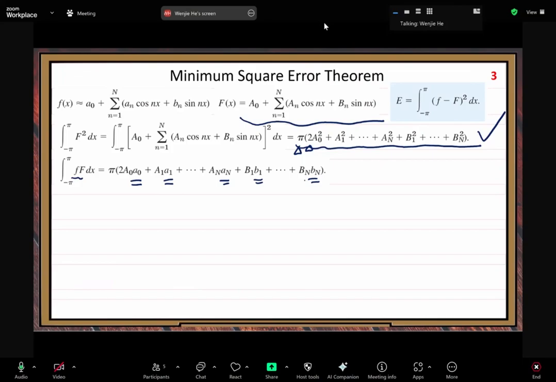You only do the same basis function, cosine squared, sine squared; that part is non-zero and you can calculate. The result is like this: each individual term, capital A with lowercase a, capital B with lowercase b.